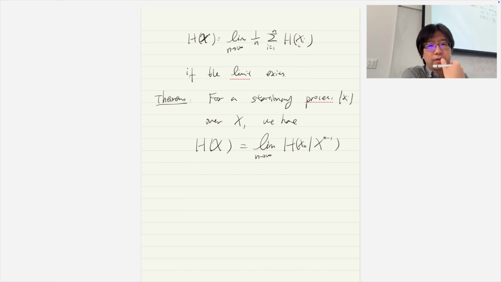Let's see whether that makes sense or not. The only thing we need to compute is a conditional entropy, Xn given all the past information, and then when n goes to infinity, we're good. Okay, is that clear? This is a theorem.